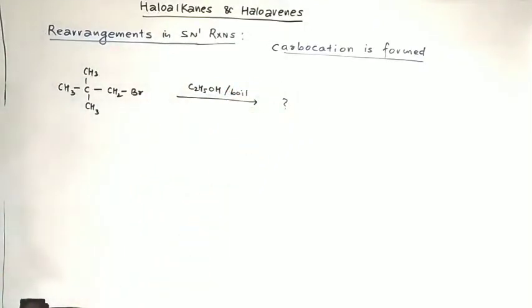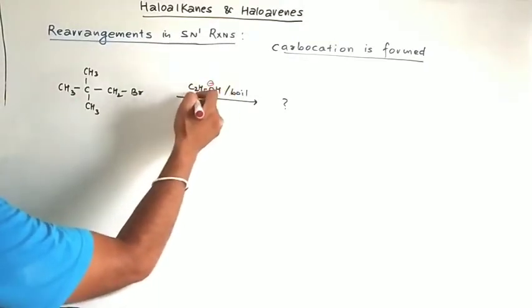What will be the product formed? So here the nucleophile is C2H5O negative. This is a nucleophile.